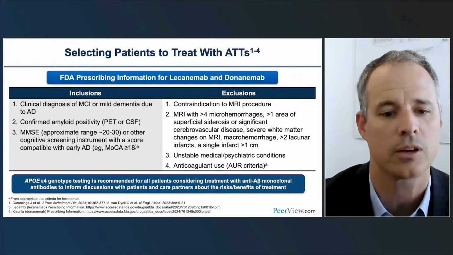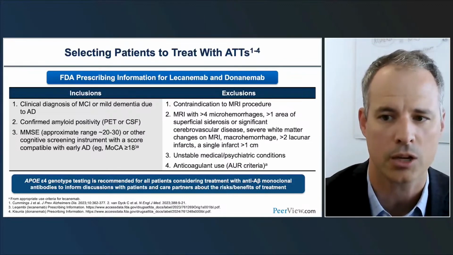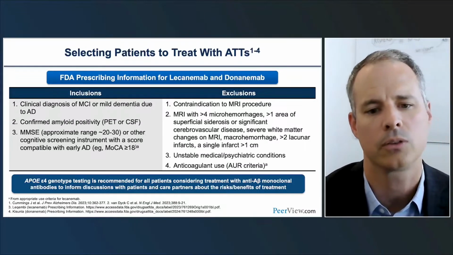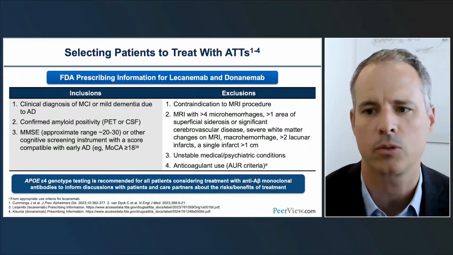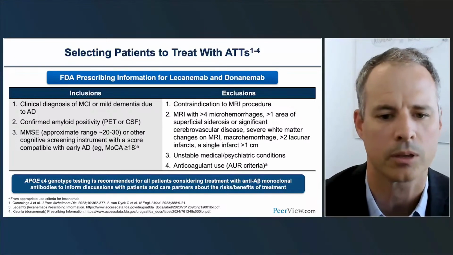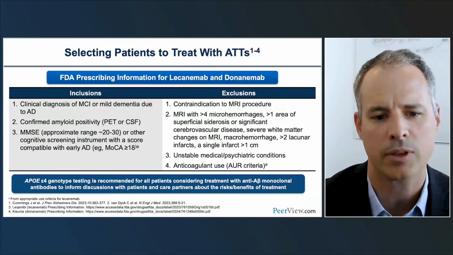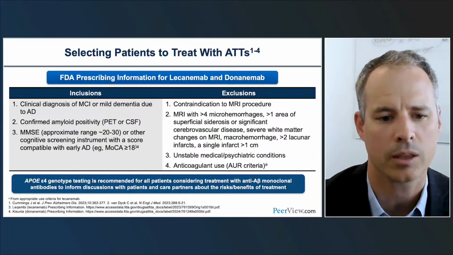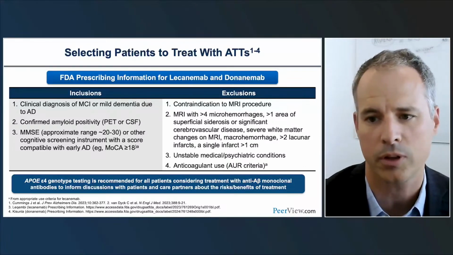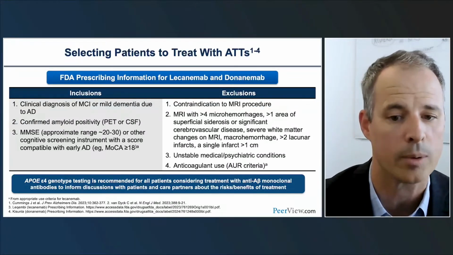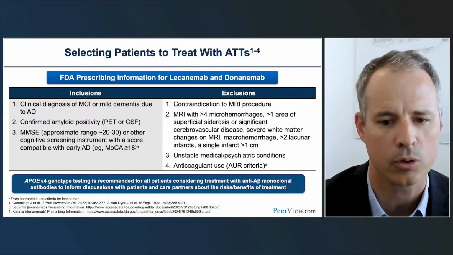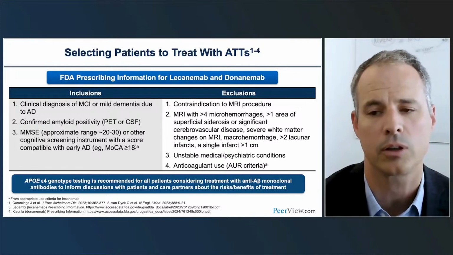Important exclusion criteria that need to be considered is contraindication for an MRI. Patients have to be able to get an MRI from a safety perspective. So patients with pacemakers or claustrophobia or other reasons may be excluded. Patients have to have less than 4 microhemorrhages on their MRI, and things like an area of superficial siderosis, or significant cerebral vascular disease, severe white matter changes on MRI, which is somewhat subjective, more than 2 lacunar infarcts, or a single infarct larger than a centimeter.